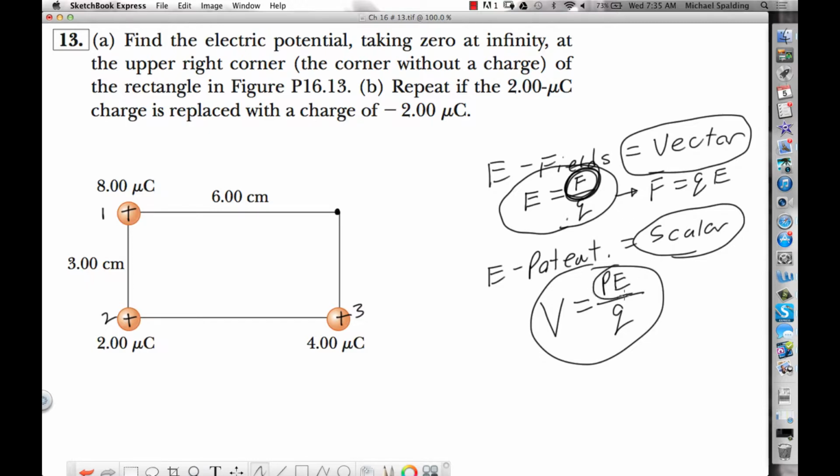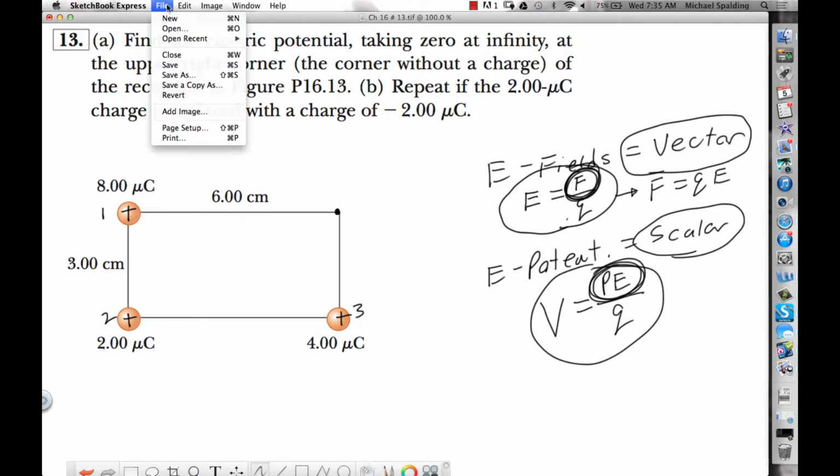So look, does energy have a direction? No. You eat 500 calories of breakfast. Can you put a direction on 500 calories? No. I ate 500 calories south. So electric potential is scalar. I'm kind of rambling a little bit, but it's good rambling. This is important stuff. So electric fields, vector; electric potential, scalar.